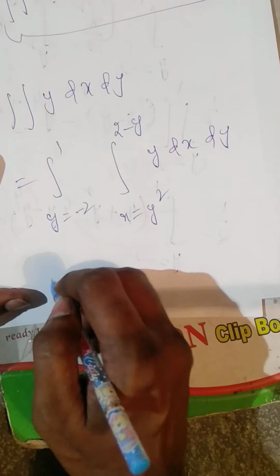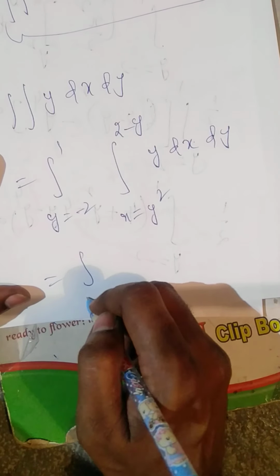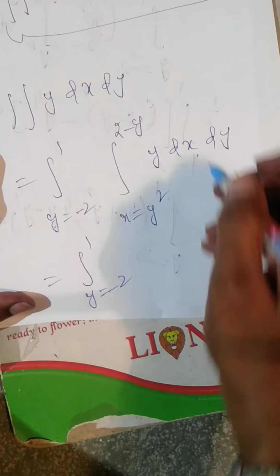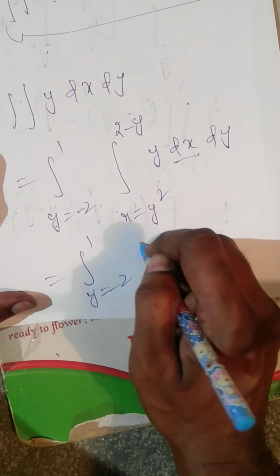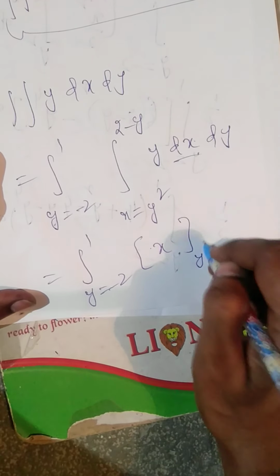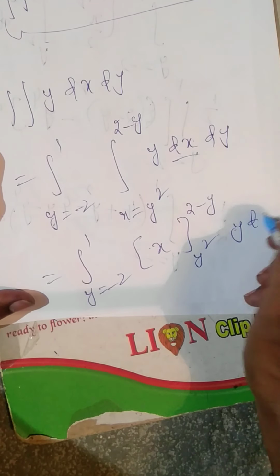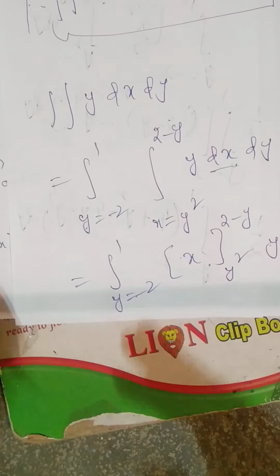Now we can integrate with respect to x, right? So y equals minus 2 to 1. Integration of dx is what? x. Next, the limits are y square to 2 minus y, into y dy. Okay. This will continue in the next page.